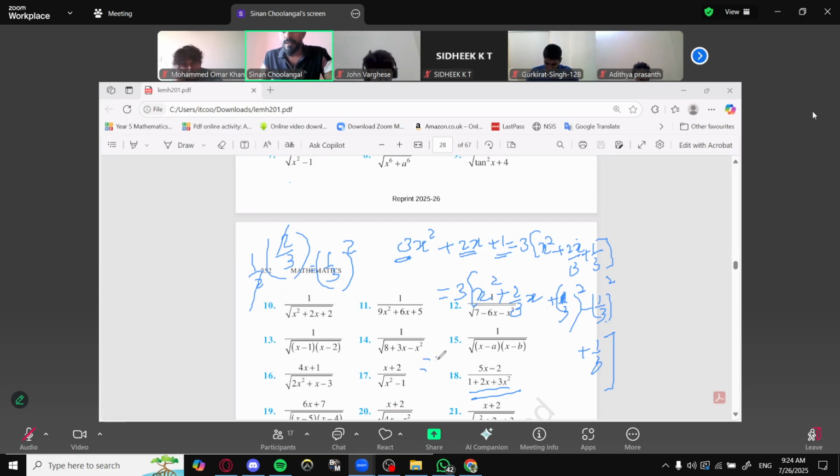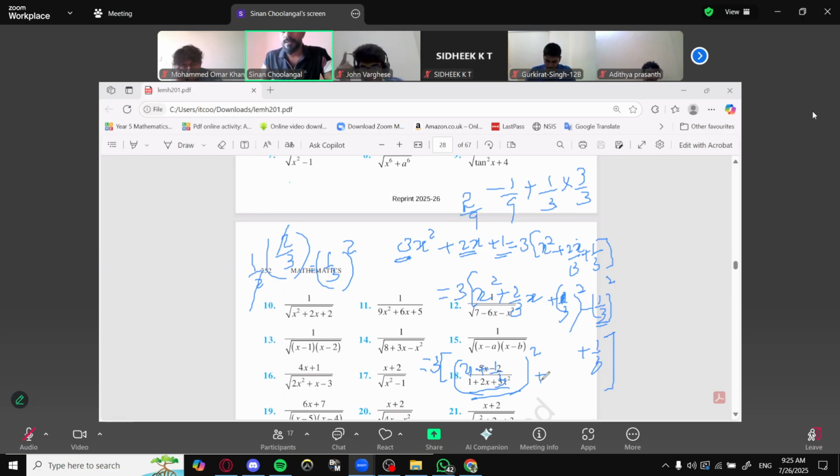Without any doubt, the first part can be written as x plus 1 by 3 the whole square. Am I right? We don't want to dig further. And negative 1 by 3 squared will be negative 1 by 9, positive 1 by 3. Taking the LCM, negative 3 by 9 gives the final outcome 2 by 9.